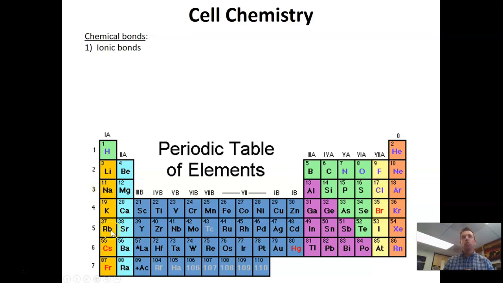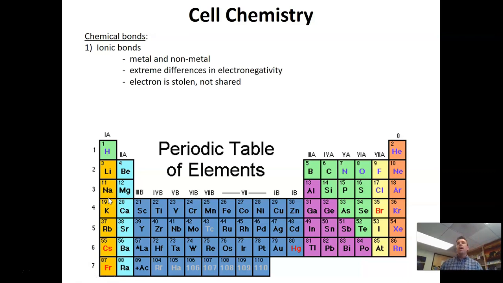Over here, we tend to lose an electron and have a positive charge. Now, when that happens, these are going to be attracted together. So remember, opposite charges attract. So a positive charge is going to be attracted to a negative charge. And so when that happens, chlorine with its negative charge will be attracted to sodium with its positive charge, and what you end up with is sodium chloride.